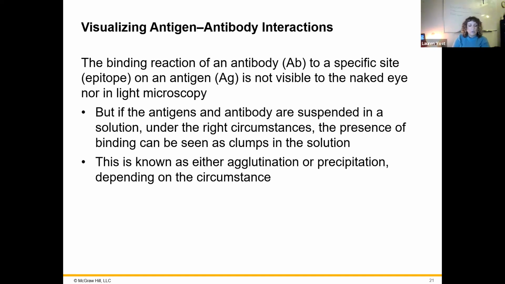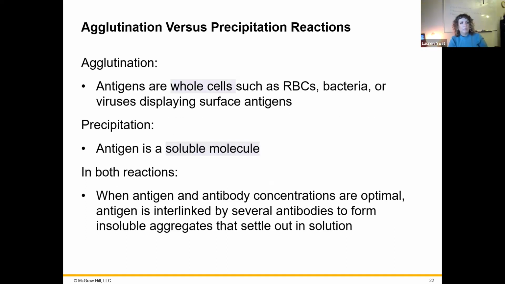So you can look for color changes that accompany this happening, or we can look at clumping or something to see if there's a change in the solution or mixture of cells or whatever it is that we are looking at. So the clumping aspect, we're either looking at the cells clumping in the case of agglutination, or the antibody antigen complexes just binding to each other, and that would be precipitation, right?